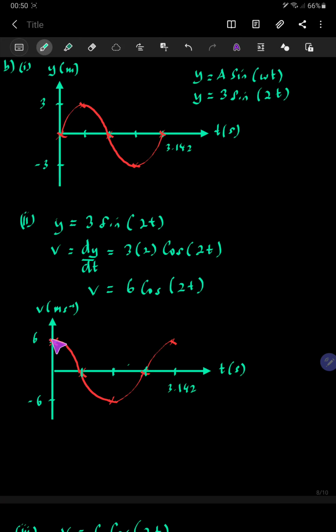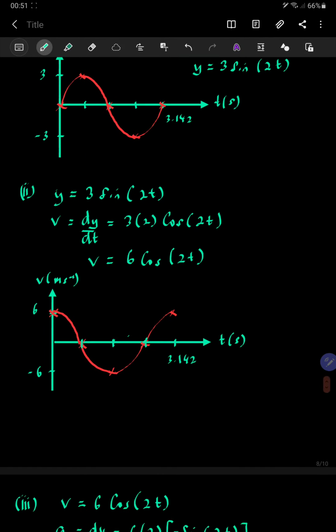Purely cos starts from the amplitude, goes towards the equilibrium, reaches the negative amplitude, turns back to equilibrium, and then turns back to its original position, which is the amplitude. The amplitude is 6, representing our maximum speed. And again, the time taken for one complete oscillation is 3.142 seconds.